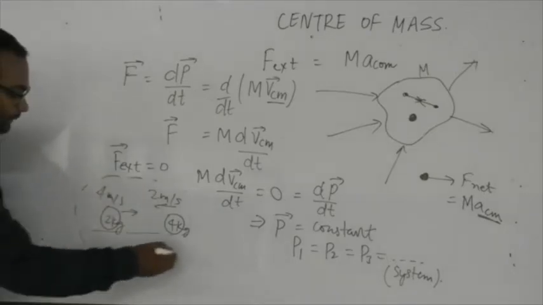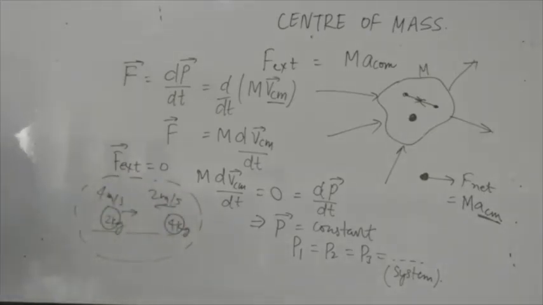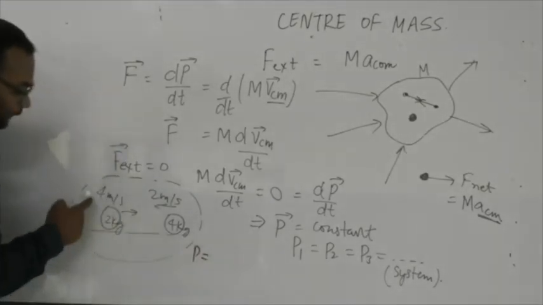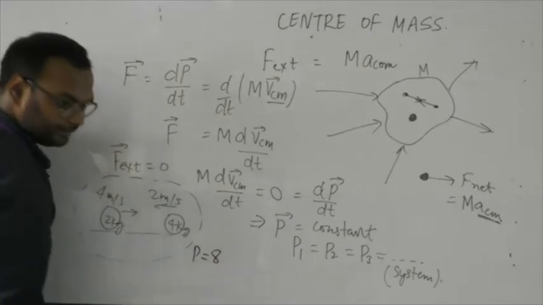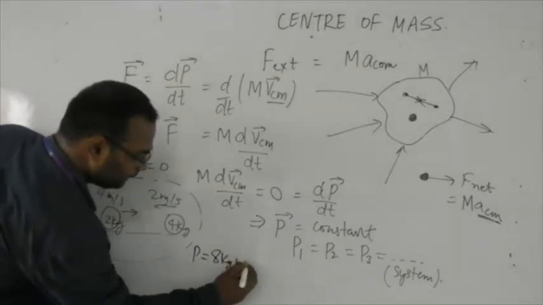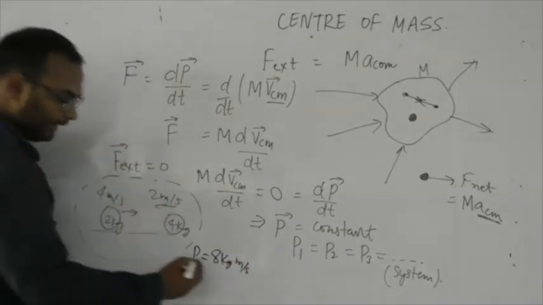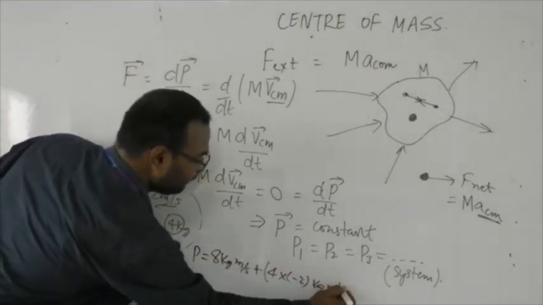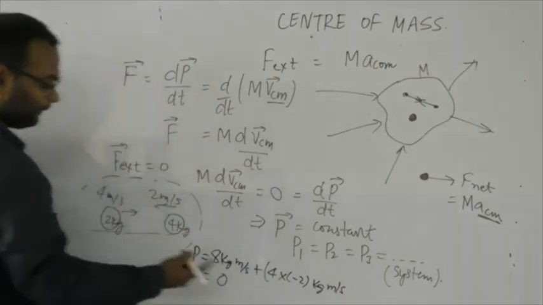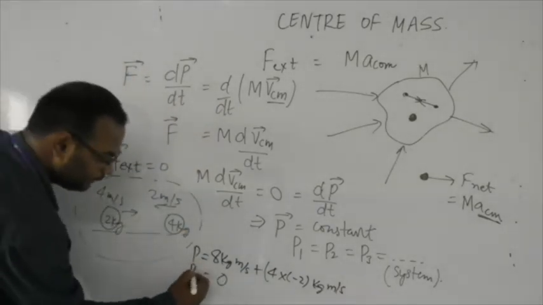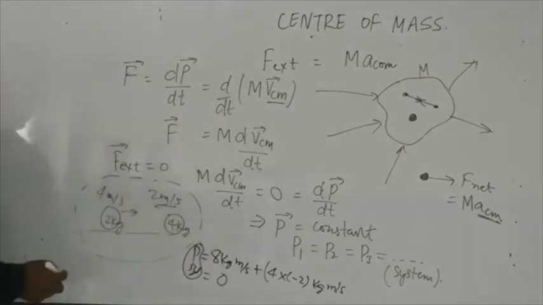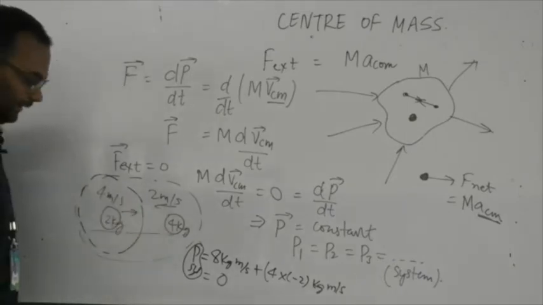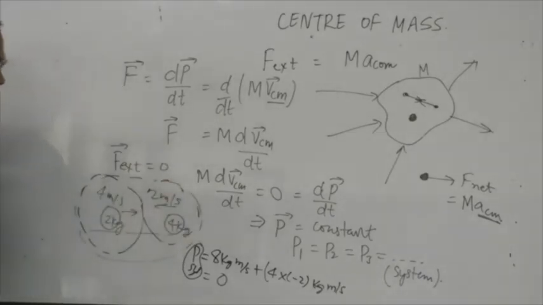When you see it as a system, no external force is there, and momentum you write for this system as 4 into 2, that is 8 kg meter per second, and with the negative sign, plus 4 into minus 2 kg meter per second. So as a system they are having momentum 0.